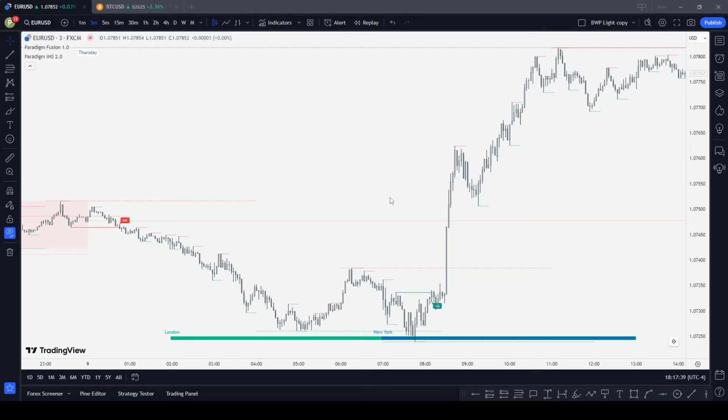For example, if ICT says 70% of the time Tuesday is going to be the high or low of the week, I don't just want to believe it because ICT said so. I wanted to be able to backtest and verify every single concept or every single building block of my trading strategy. So that was really what pushed me to learn algorithmic trading.